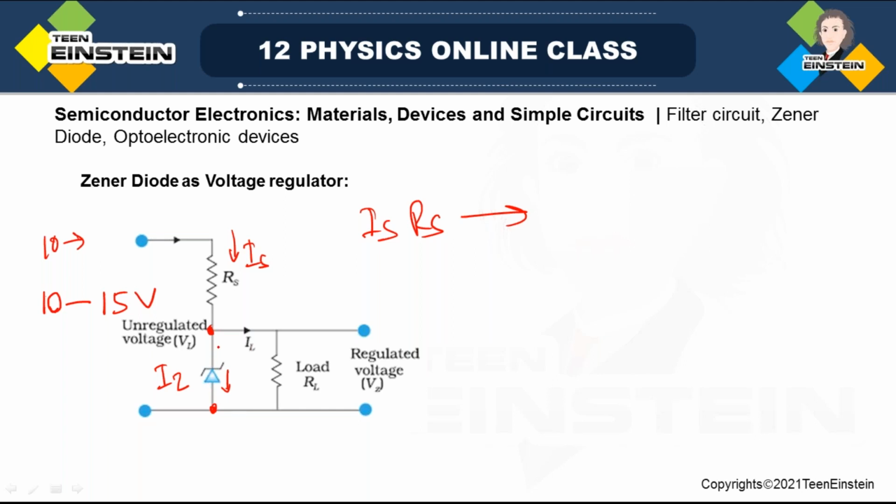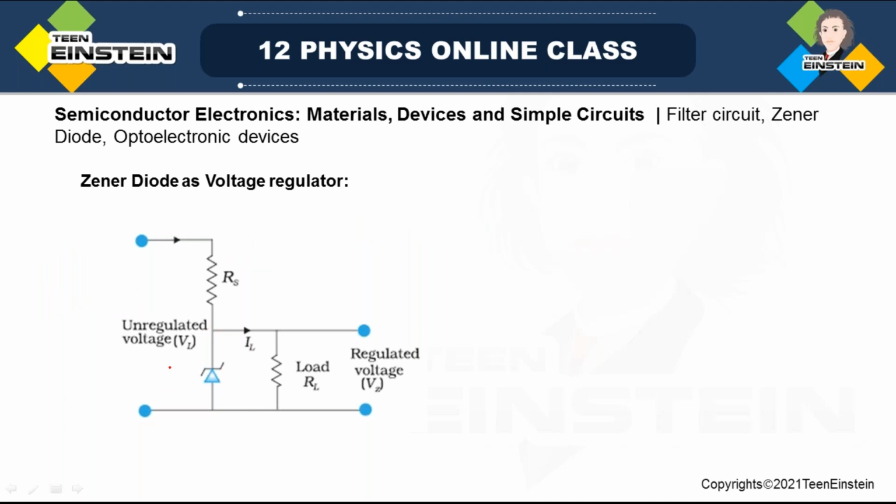So that's why you will see the voltage across this Rs will increase as the current increases, but the voltage across this Zener diode does not change even though the current increases. The current is increasing but the voltage does not increase. So this is actually the action of the diode in the voltage regulator circuit.